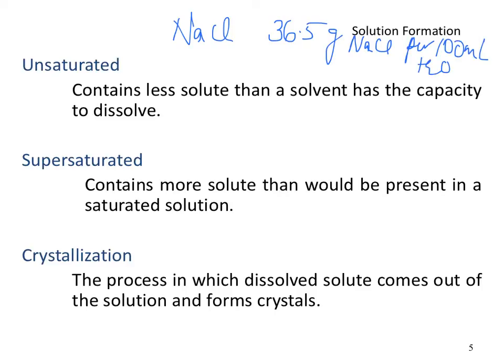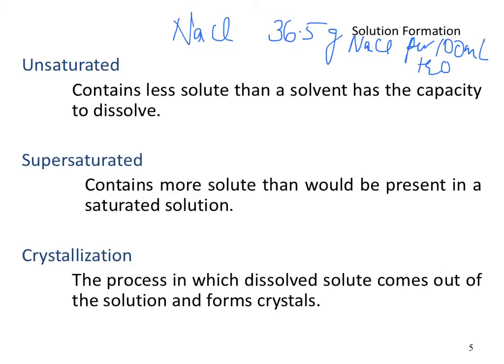Okay, so we are saying that if you have 100 milliliters of water, you can actually add 36.5 grams of sodium chloride, and only then it is going to hit its saturation. And this is, of course, at room temperature of 25 degrees Celsius.